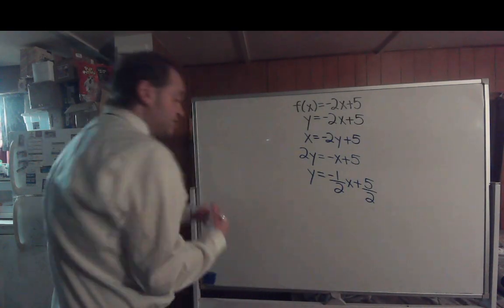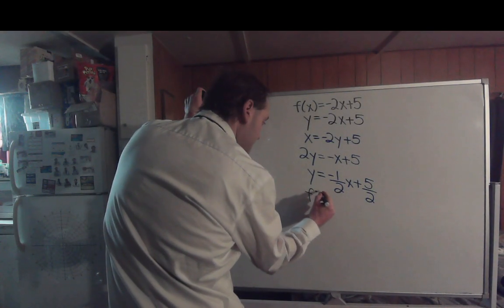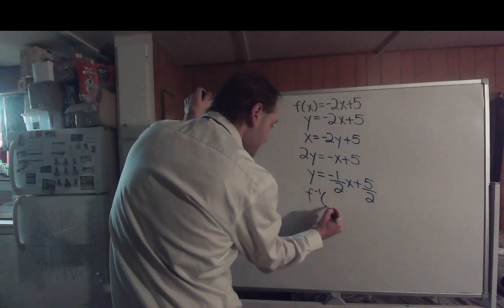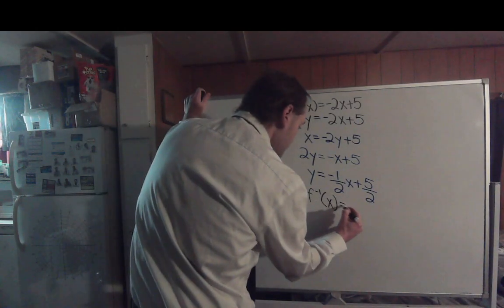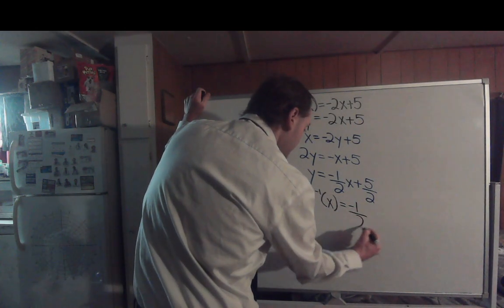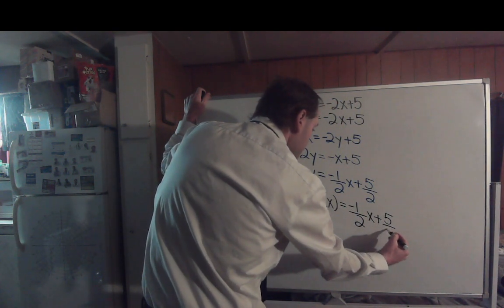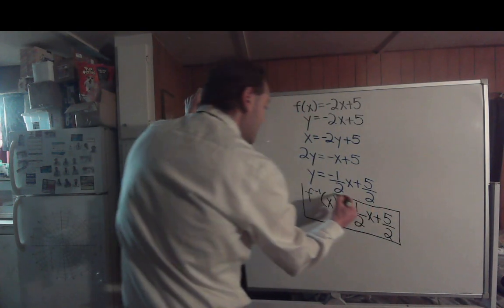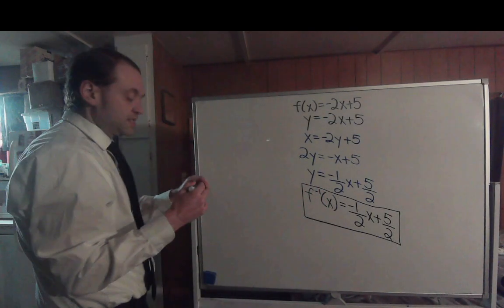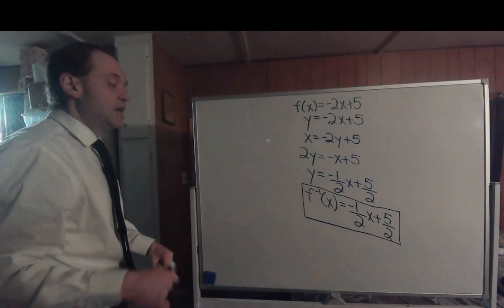The inverse function is always written as f to the negative first of x. f to the negative first of x would then equal negative 1/2 x plus 5/2. So there is your inverse function. f inverse of x equals negative 1/2 x plus 5/2.